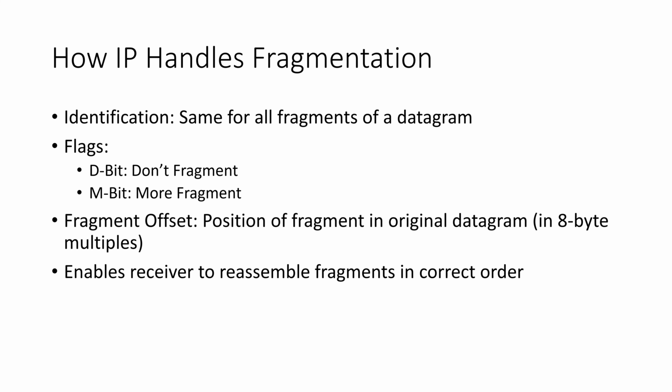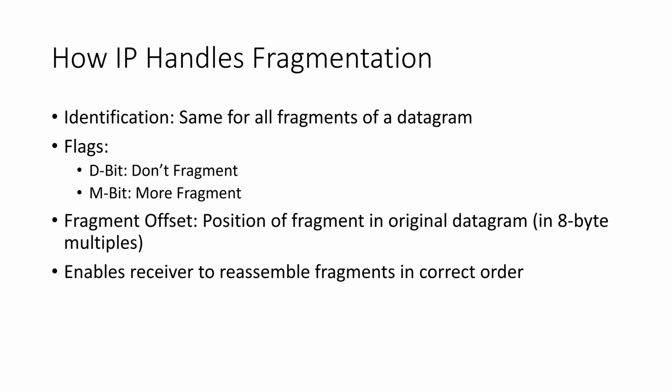One is the more fragment bit. It is set in all fragments except the last one. And the don't fragment bit, which prevents fragmentation entirely. The third is fragment offset. This tells the receiver where this fragment belongs in the original datagram, and it is measured in multiples of 8 bytes.